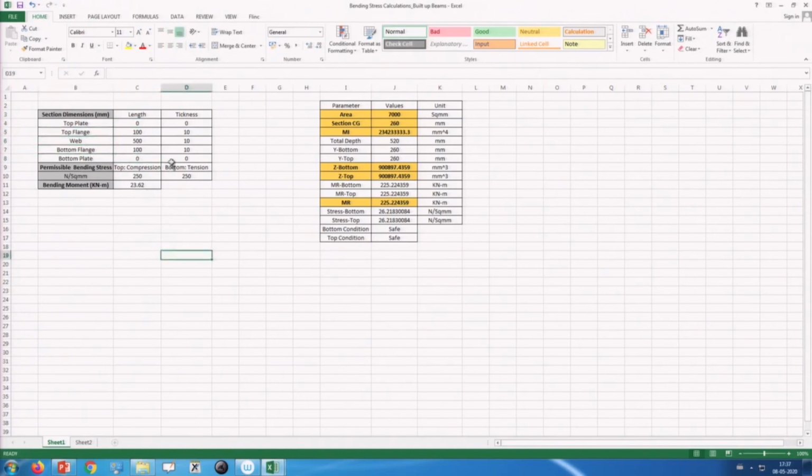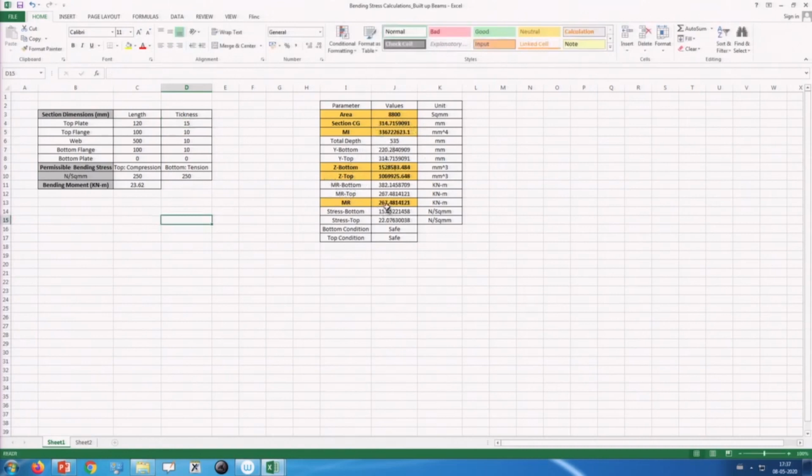And now, if you do not put any top plate and bottom plate, it is only because of these three values, then it is a typical I section. If you put some top plate, suppose if I put a 120 by 15 mm top plate, you see that things will change.